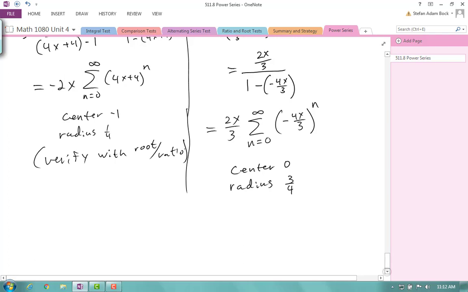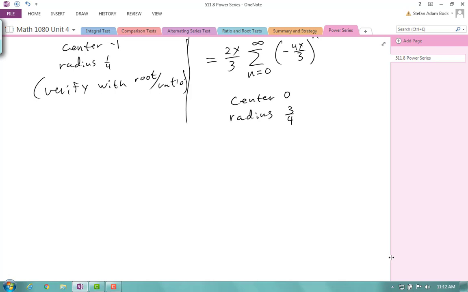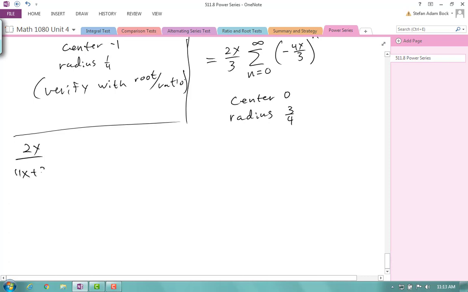And I could have technically done this a third way to change the center of my series yet again. So if I had 2x over 4x plus 3, I could have written this as 2x over 4x plus 2 plus 1, which is equal to 2x over 1 minus negative 4x minus 2.